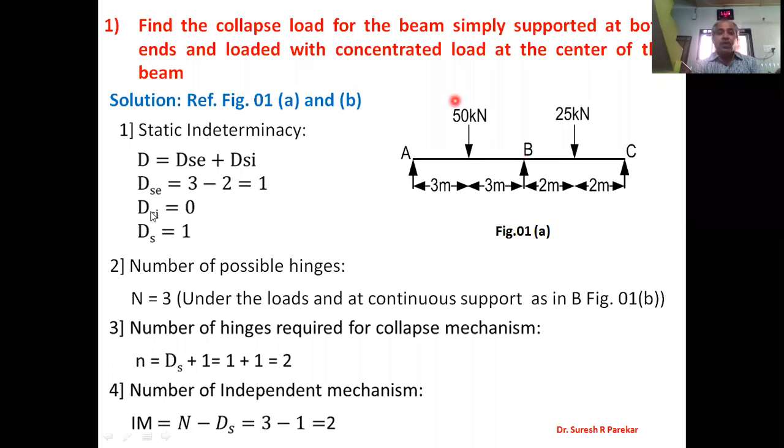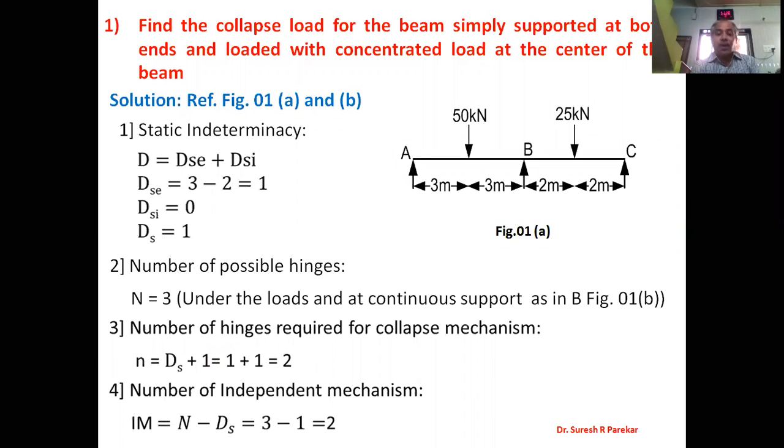So now we will go again for DSE plus DSI. DSI is 0, DSE is 1. So the number of possible plastic hinges we have seen is 3. The number of hinges required for collapse is DS plus 1, so 1 plus 1, 2.